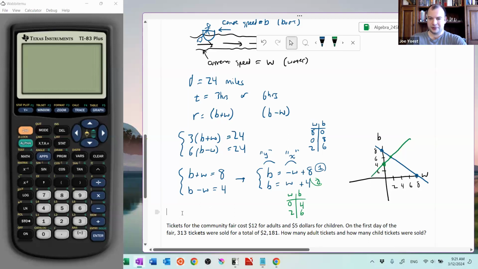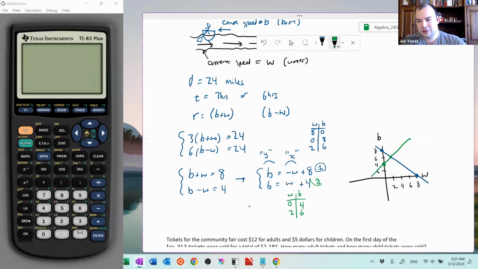If we were to do something like W equals 4, B would be 8. Is it plausible that this goes through 4, 8? Yeah, I think so. And again, we just happen to find our solution 2, 6, which we happened on just as a part of finding the graph, or which we would have been able to search for an intersection and maybe estimate that it's at W equals 2, B equals 6.